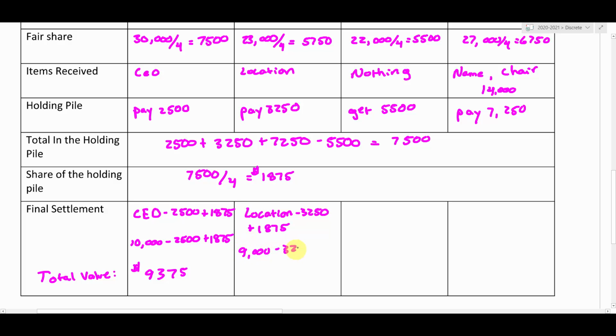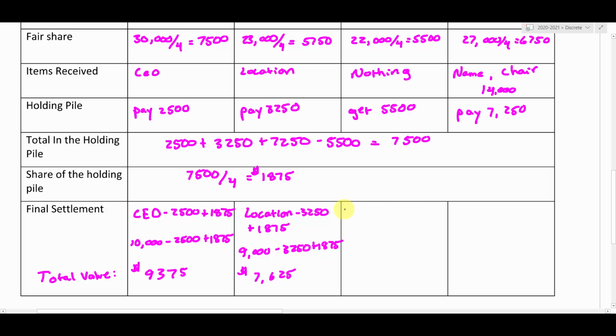So minus $3,250 plus the $1,875. And so if I add and subtract all of those, we're going to get a total value of $7,625 for their final settlement. I compare that to their fair share, which was $5,750, so they are going to walk away happy.